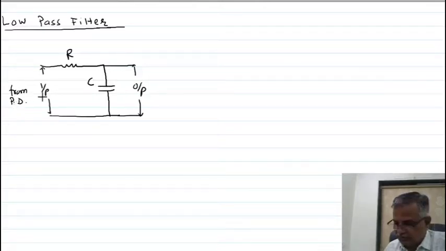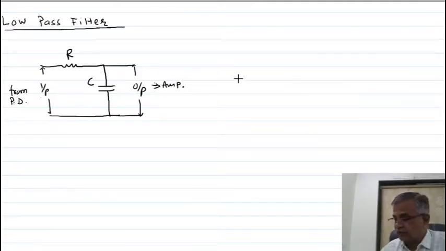The output of the phase detector will be the input of the low pass filter, and this output will be the input of the error amplifier. So here it is connected to the error amplifier.